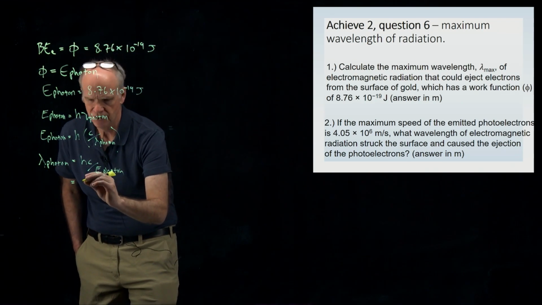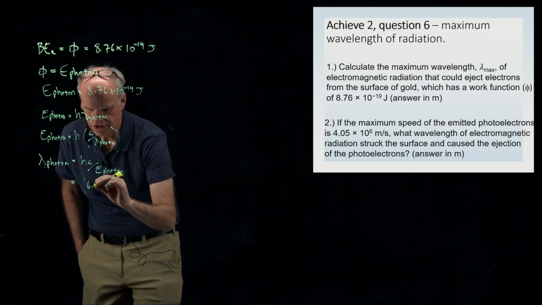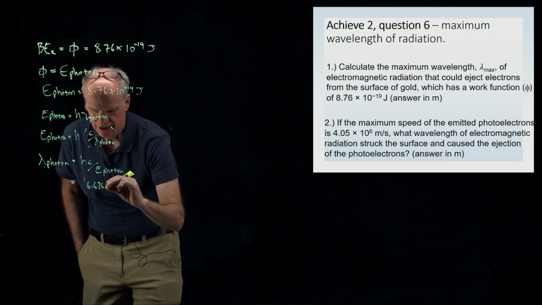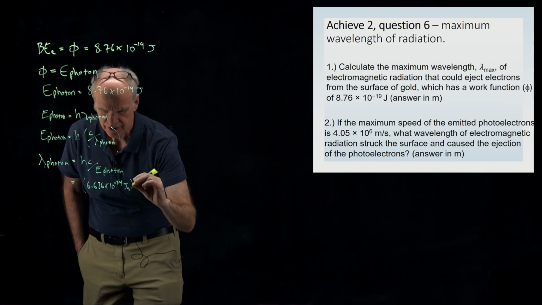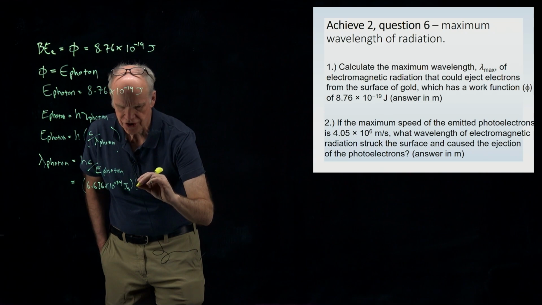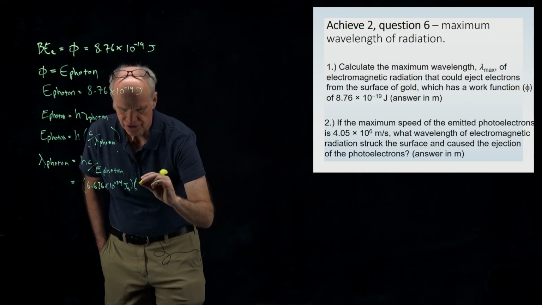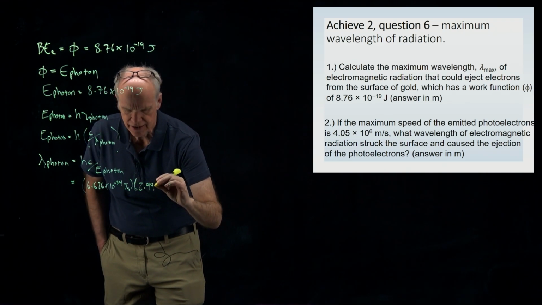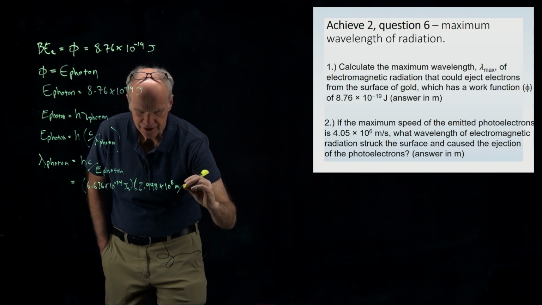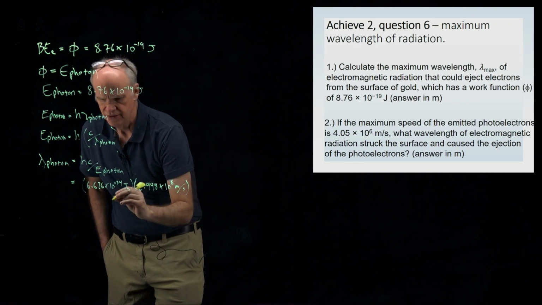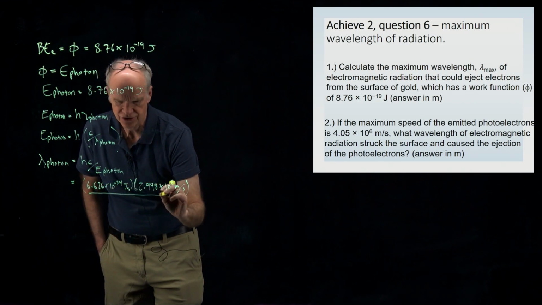So let me just do that really fast. Planck's constant, which is 6.626 times 10 to the negative 34 joule seconds. And then we have speed. I'm going to use the speed of light, which is 2.998 times 10 to the 8 meters per second. And then what I'm going to do is divide that by the energy of the photon.